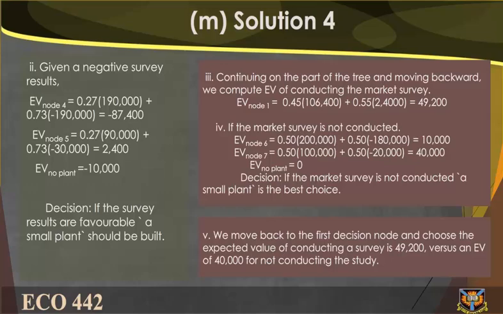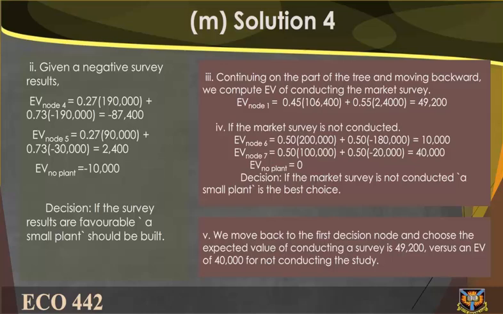3. Continuing on the path of the tree and moving backward, we compute the EV of conducting the market survey. EV node 1 equals 0.45 times 106,400 plus 0.55 times 2,400, which equals 49,200. 4.